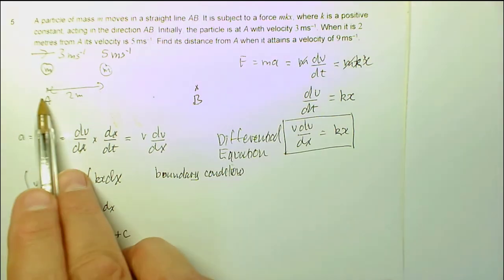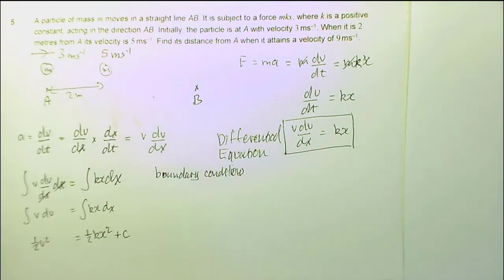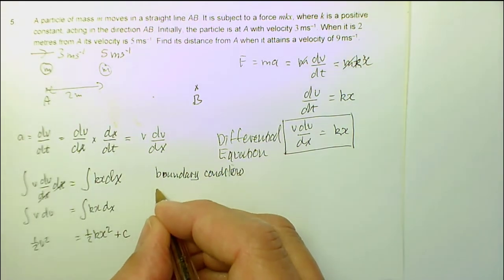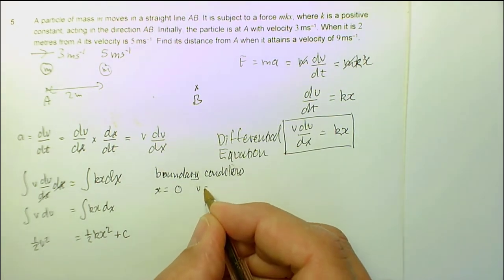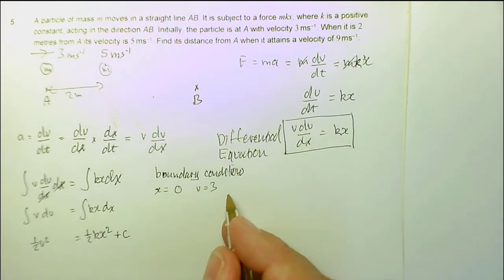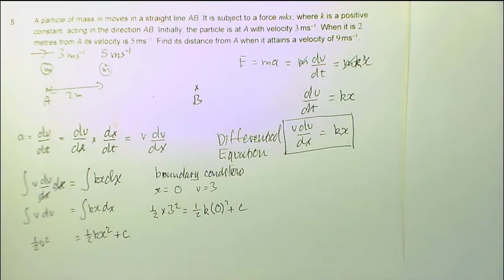The first bit of information we have is that at A, where displacement equals 0, velocity is 3. So first of all, we have at x equals 0, v equals 3. Let's sub those values into this equation. Oh, well, that's just 0. So we end up with 4.5 equals c.